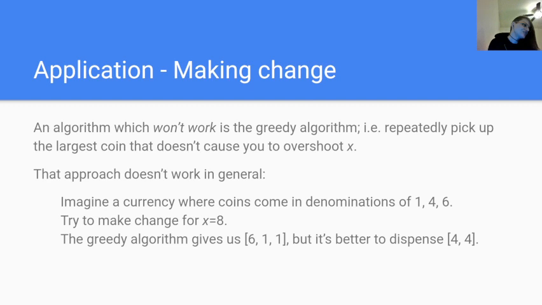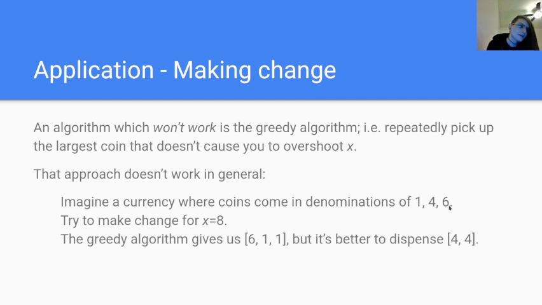But it doesn't work in general, because you can construct degenerate cases with weird coin denominations like 1, 4, and 6. Say you want to export our vending machine IP package to a country that has coins 1, 4, and 6. And someone puts in the right number of coins, then it needs to make 8 cents of change.